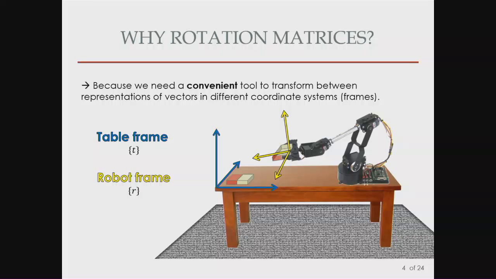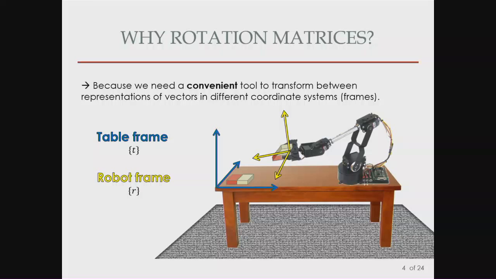And it will be convenient for us to work in the table frame, to specify all the numbers in the table frame, which is so stationary and nice, right? But as the robot moves, all the joints change their configurations. So the robot kind of understands things via the yellow robot frame.